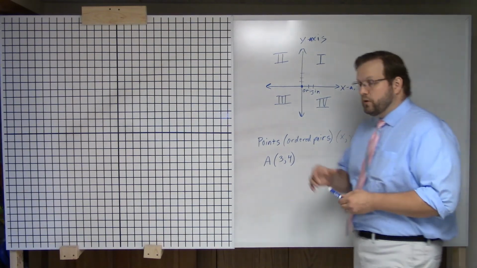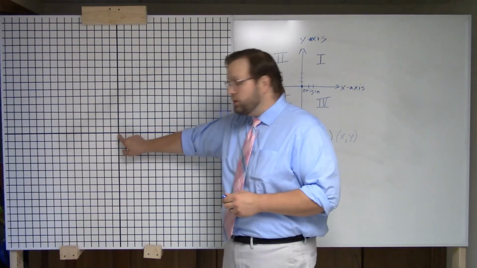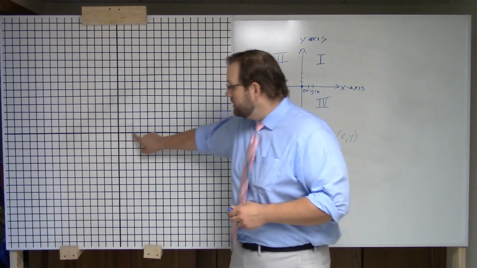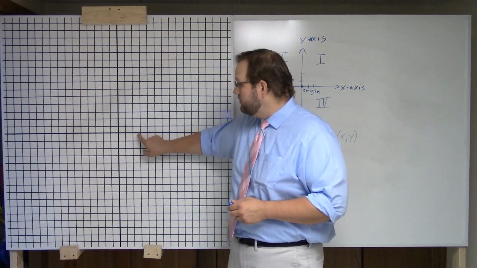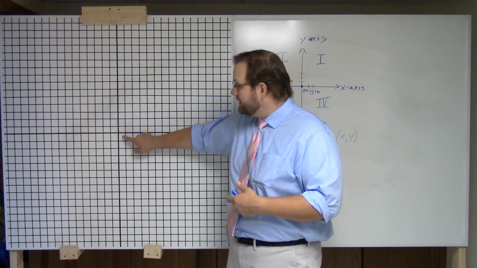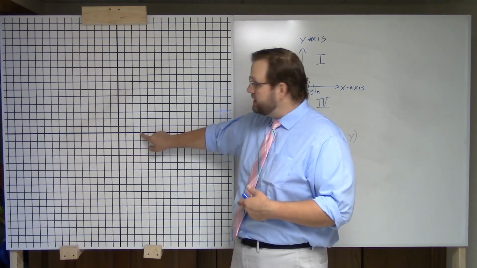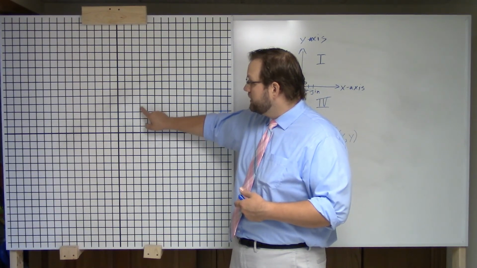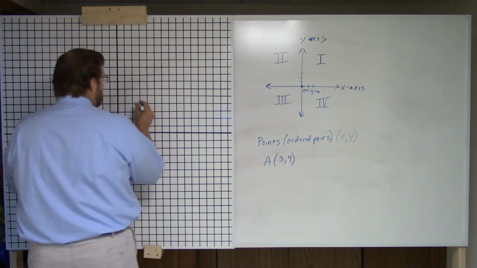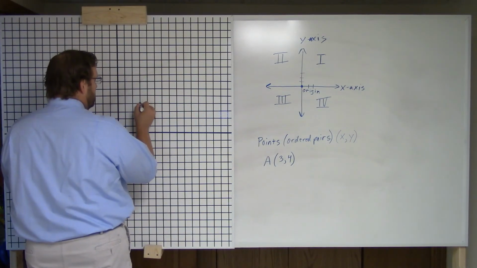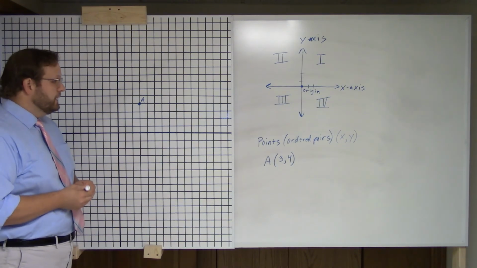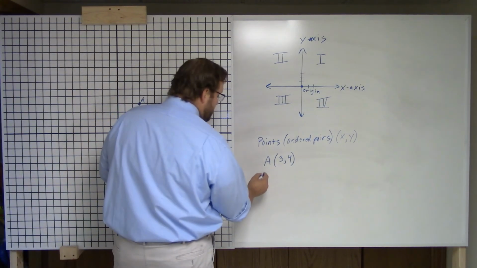That tells us that we are always going to originate at the origin, and we're going to go along the x-axis to 3, so that's 1, 2, 3, and then along the y-axis to 4. So I'm not going to go back to the y-axis. I'm going to start with this 3, and then go up 1, 2, 3, 4 units in that y direction. And then this is going to be point A. Let's do another one. How about point B?